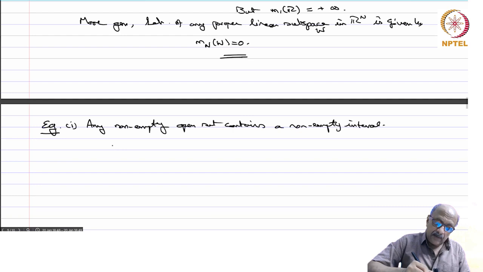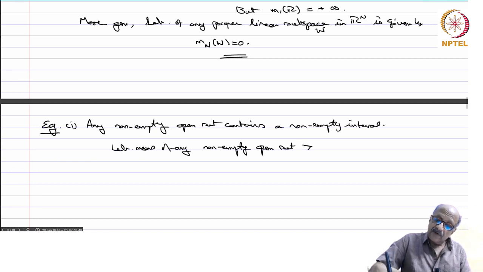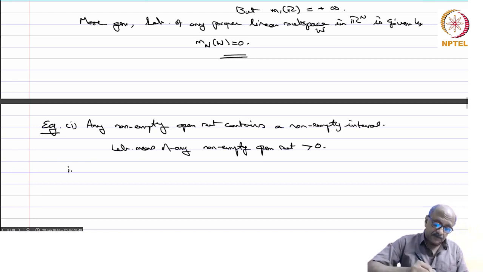Therefore, Lebesgue measure of any non-empty open set is strictly positive.